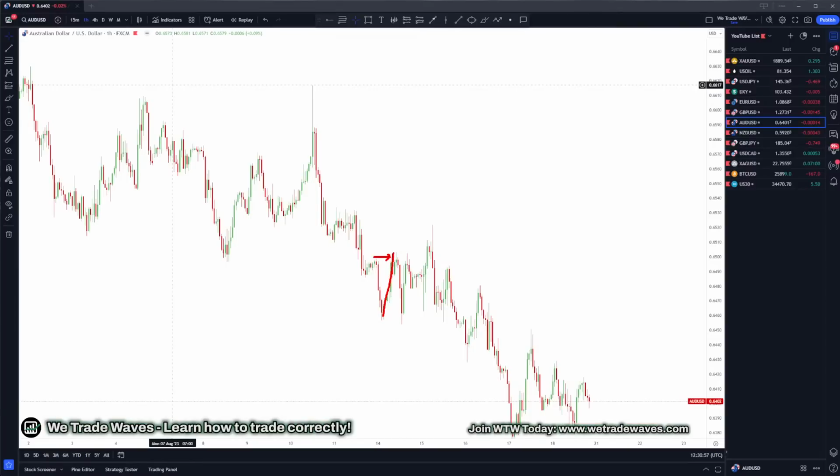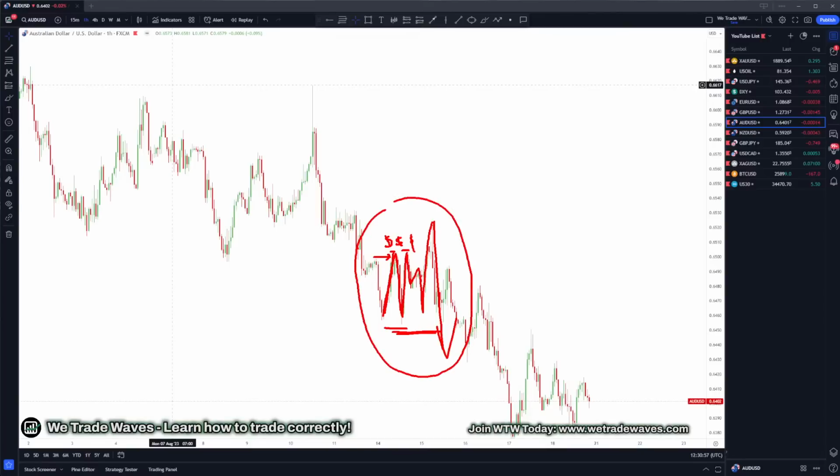You can call it a liquidity trap, a liquidity grab, a break of structure, a shock, whatever you want to call it, regardless of terminology. Once you see sharp up, sharp down, sharp up, and the market makes relative equal highs here, keep in mind the market will correct for another push up to break this top, take liquidity from here and then fall after that to break these two lows. Make sense?